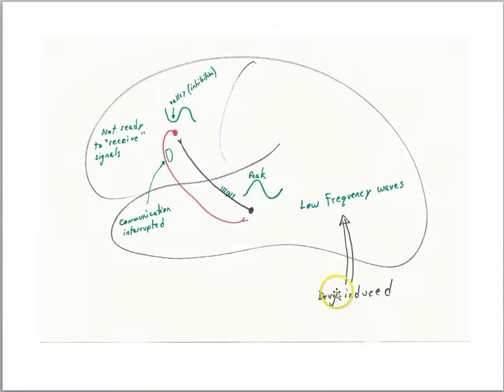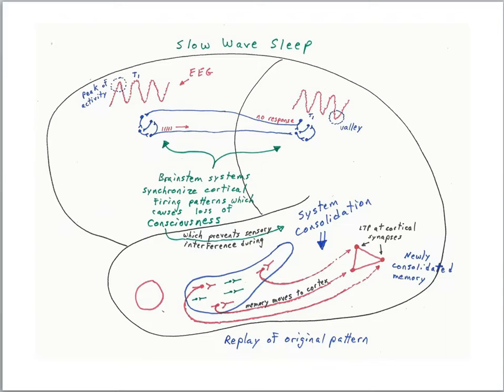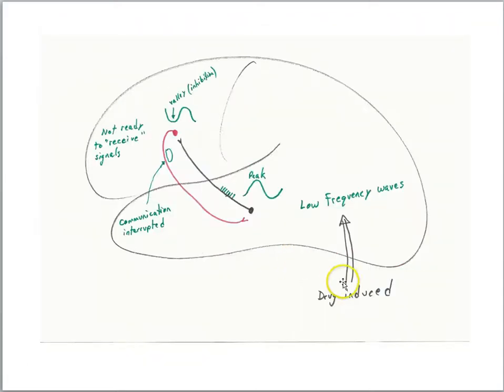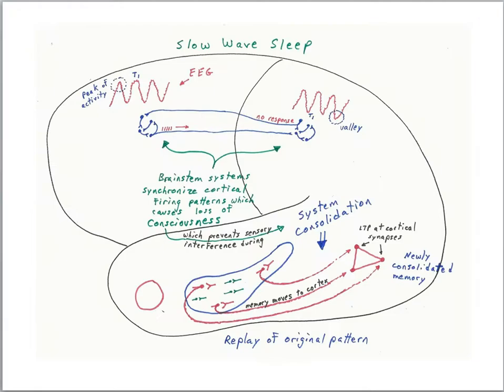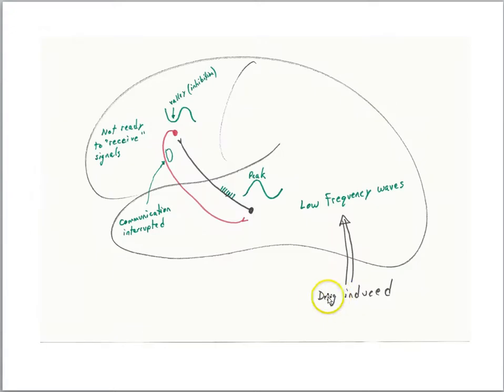Now, anesthesia is not sleep, and so researchers are quick to say drug-induced brain patterns of activity are significantly different in lots of ways. For example, during sleep, if you were to injure the patient, like perform an amputation, they would wake up, right? But during drug-induced cortical slow waves, the patient does not respond.